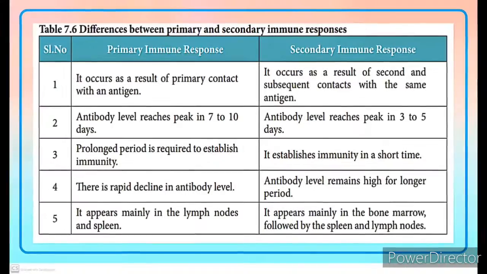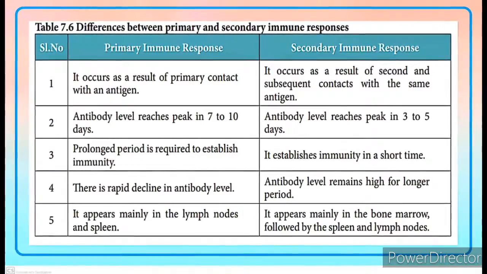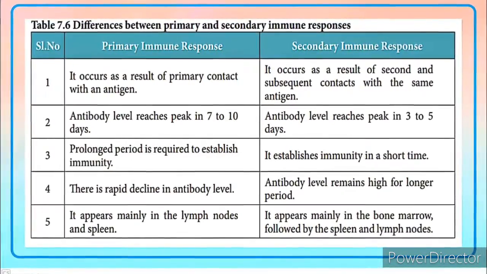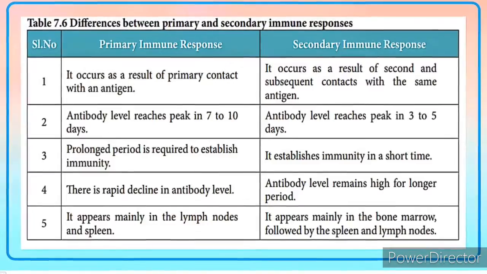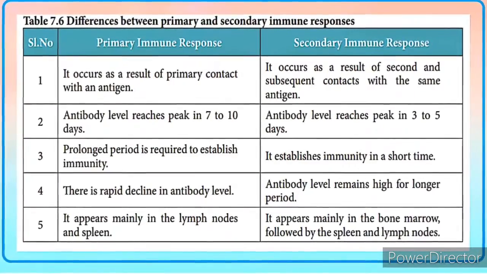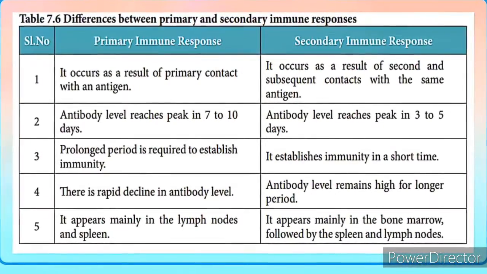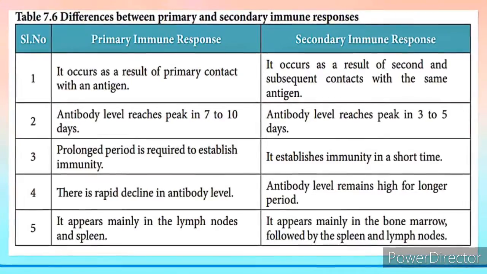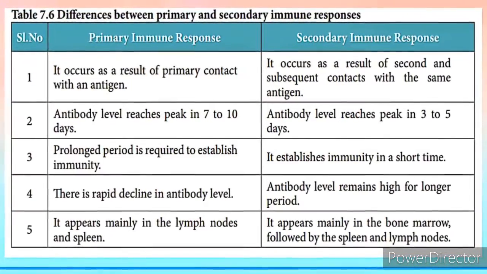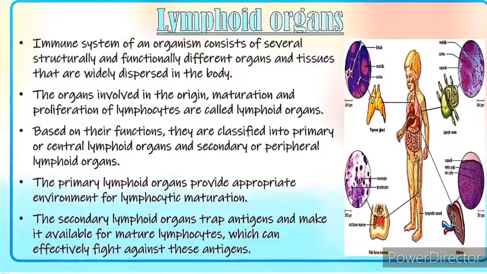Within 2 to 3 days, the antibody concentration in the blood rises steeply to reach a much higher level than the primary response. This is also called the booster response. So next time we will not get that disease. For example, smallpox.